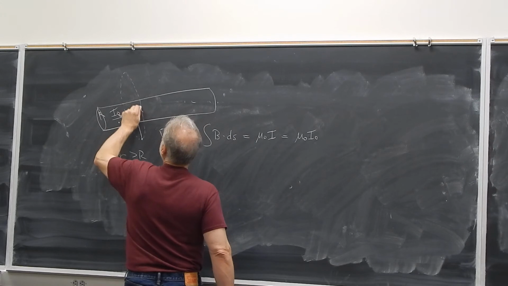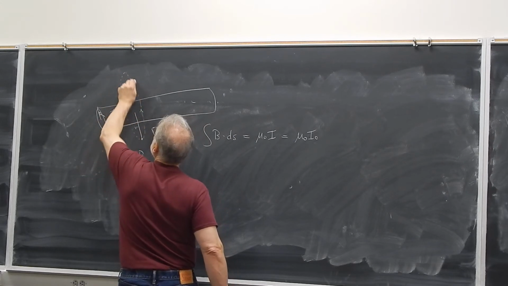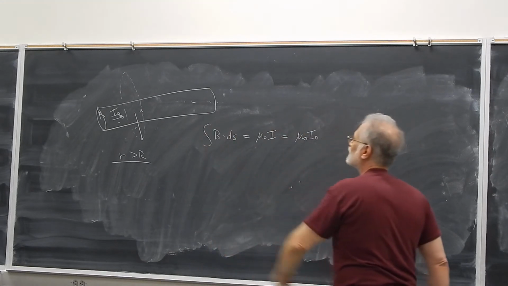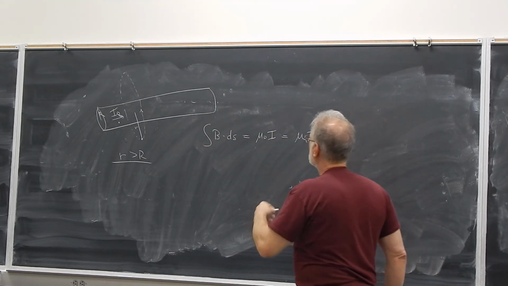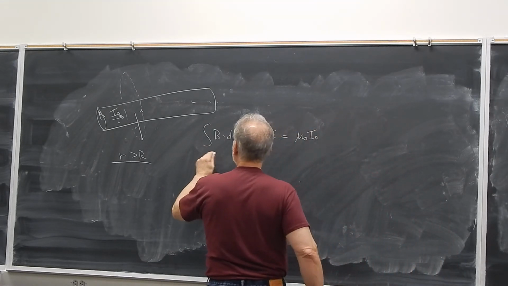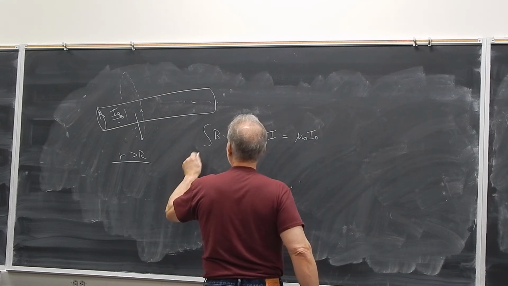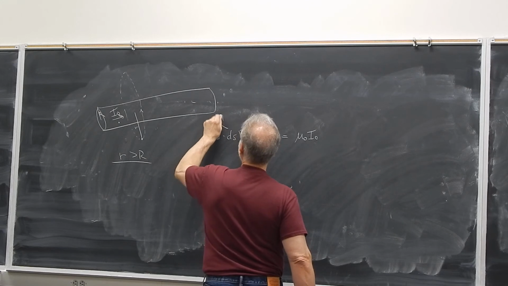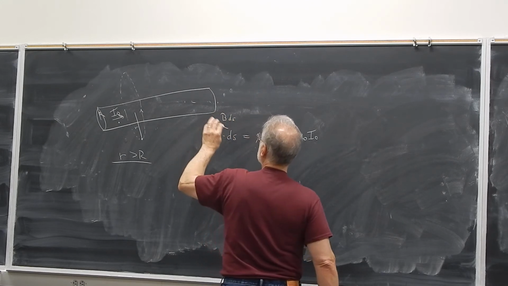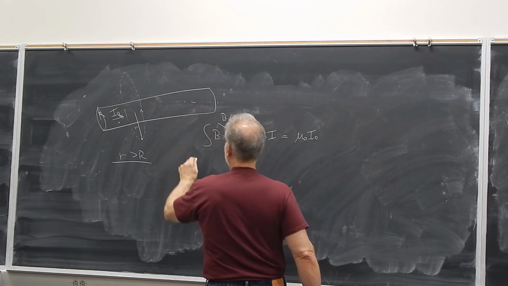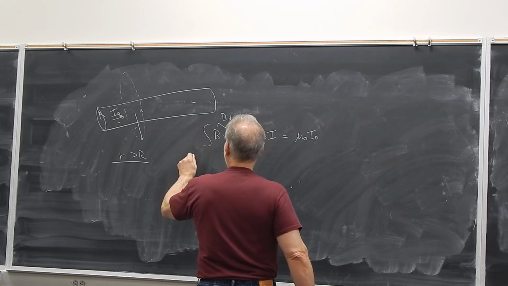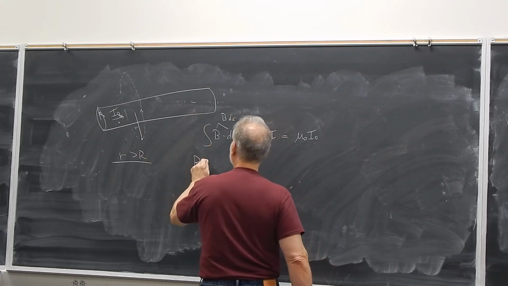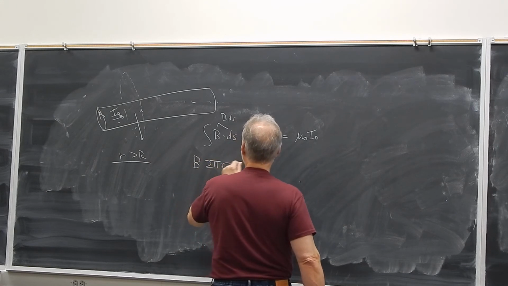ds is this line element around the loop. B and ds, by the way, are parallel to one another, so this becomes B times ds. B is constant, so I can pull it outside of the integral. And then the integral of ds is just the circumference of that loop, which is 2 pi times little r.